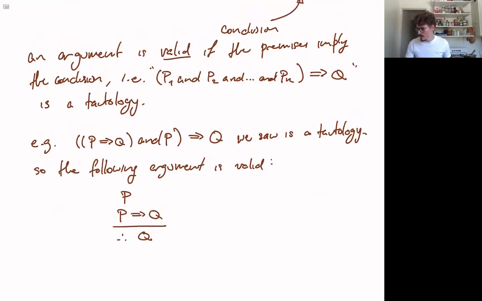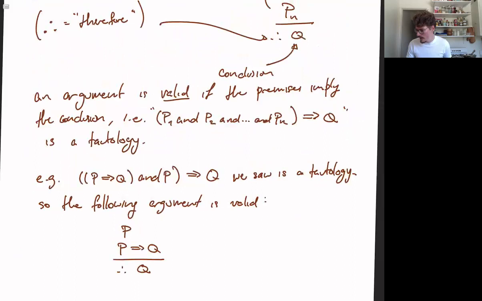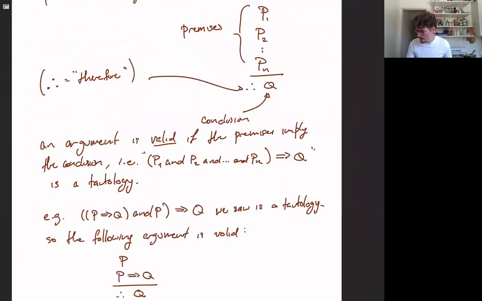And let's just take a quick look at how we were saying that these should correspond. Our premises become this part of the proposition, where we just AND all of them together. Take all of them and connect them by AND. And then the conclusion is this part of the proposition, where it is implied by the premises.